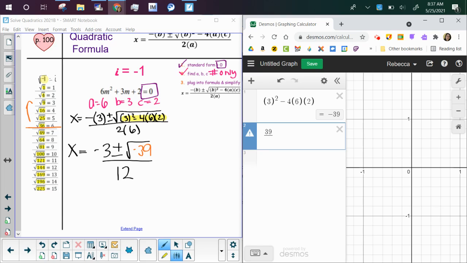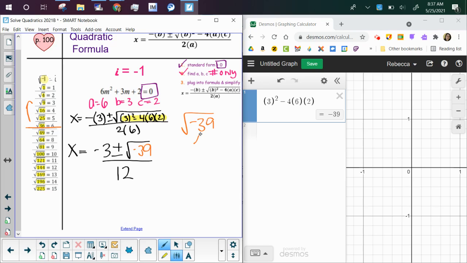But what I am going to take out, because it was a negative, is a -1. So I've got the square root of -39, and I'm going to break it up into the square root of -1 times the square root of 39. So square root of -1 is i, and square root of 39 is just square root of 39. So that's what I'm going to put in that place.